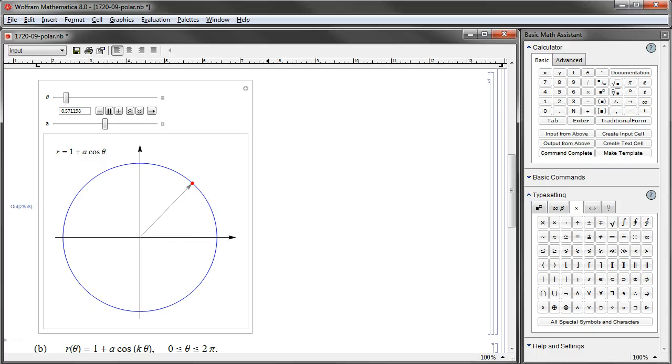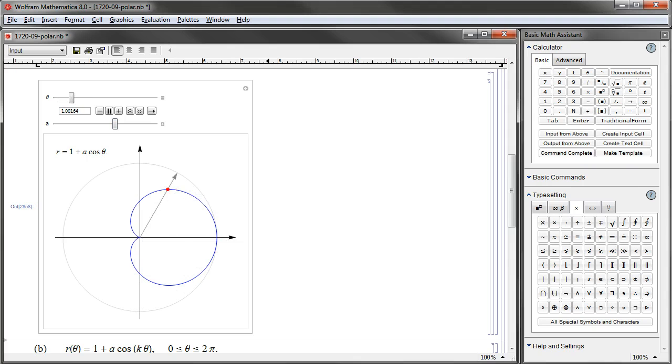We just have a circle centered at the origin. That's not really interesting. So let's change the a value. Let's increase it a little bit. And we have a different curve forming, kind of like that, as the a value changes. Special case: when a is equal to 1, this case is called a cardioid.